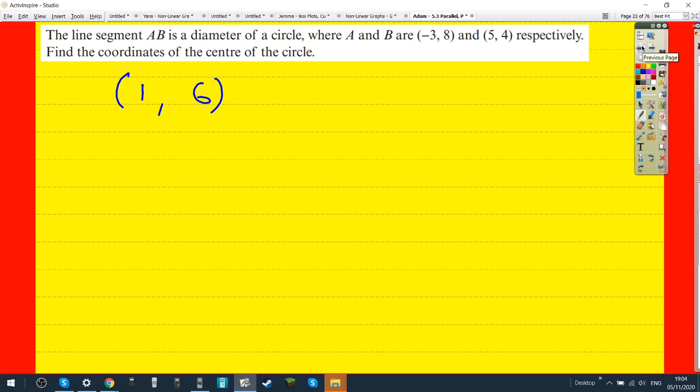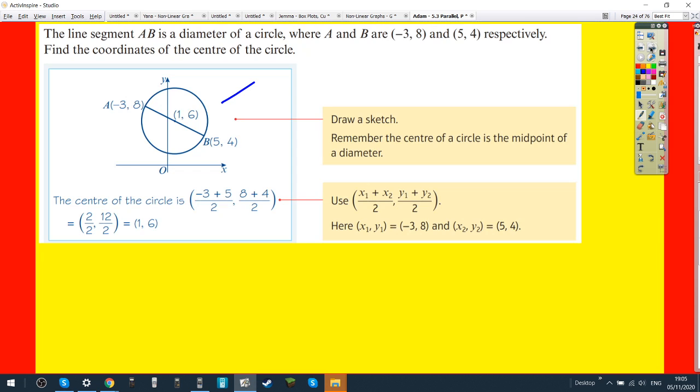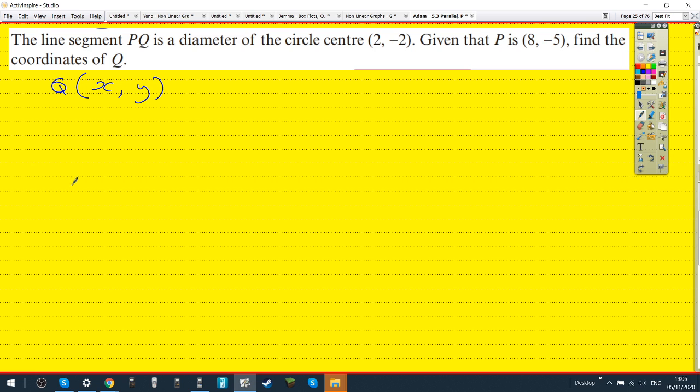So don't think ahead. Just make an equation and worry about solving it later. So for this one, it was like minus 3 plus 5 over 2. The other one was 8 plus 4 over 2. So do that with this one. And it's okay if it's in terms of x and y.